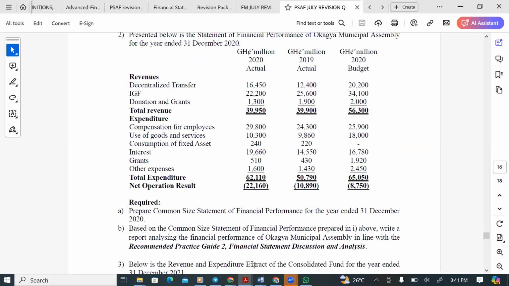36.47. Hey, Sina, where are you getting your figures from? Consumption of fixed assets. Budgeted is 0. So 220 divided by 39,900 multiplied by 100. You get 0.55. Okay.